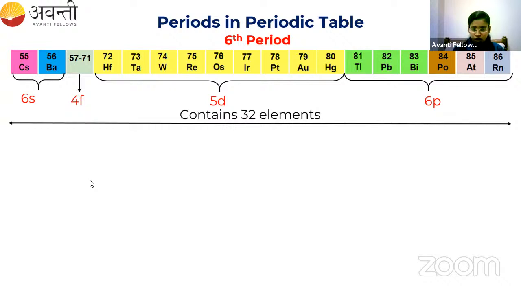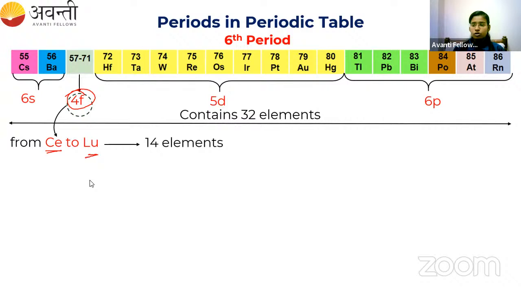So this 4f orbital gets filled up from cerium to lutetium. 57 is cerium, and 71 is lutetium. So from 57 till 71 we have 14 elements, and those 14 elements are called as lanthanoid series.